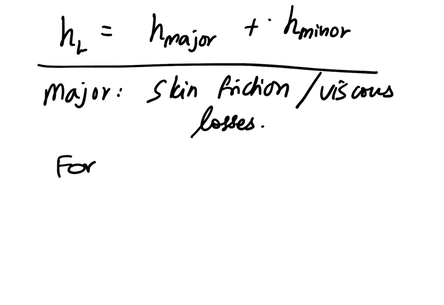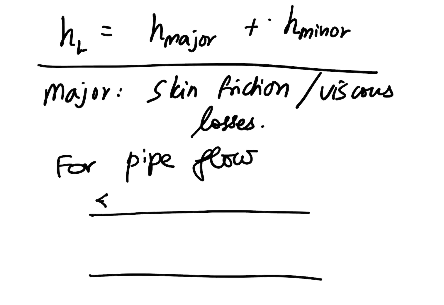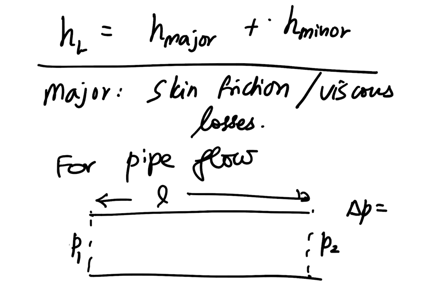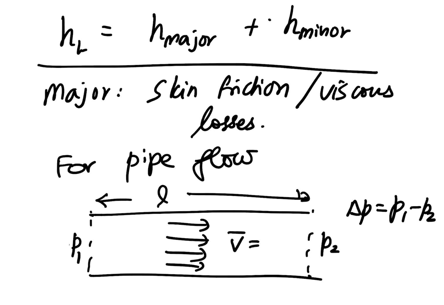For pipe flow, if you have, let's say, a pipe flow over a certain length L, and the pressure drop driving this flow is delta P, where delta P is P1 minus P2, and the fluid flow velocity is on an average, that is, the average flow velocity is V.